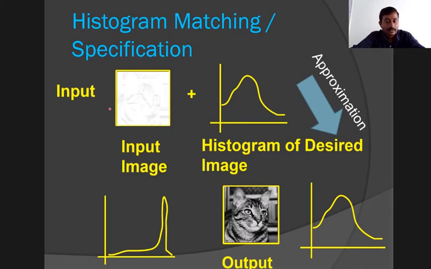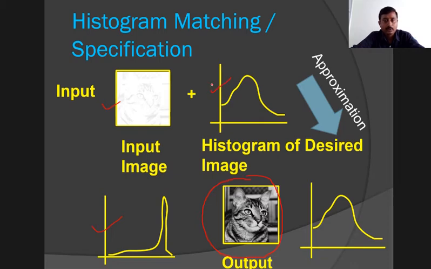This is one cat image which is very bright, and this will be the histogram profile of that image. We may have knowledge that a normal cat image histogram will look like this.